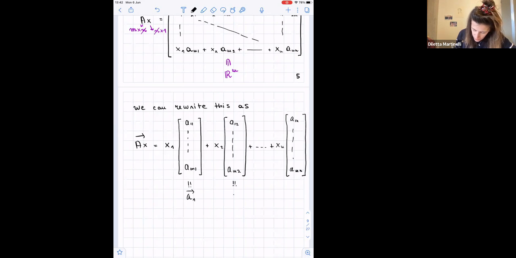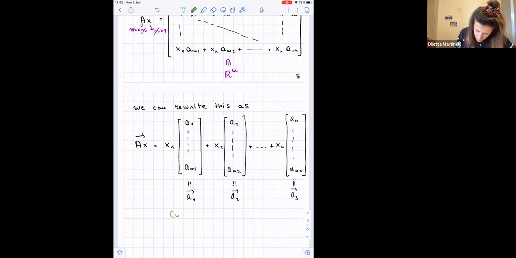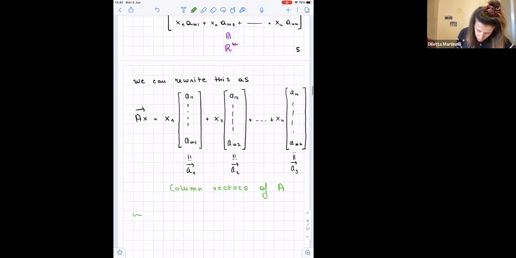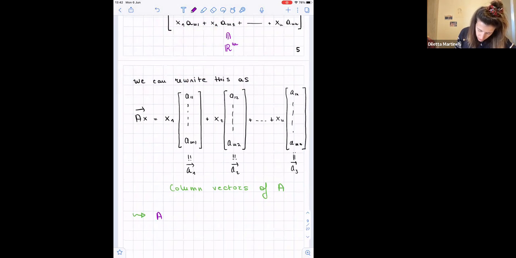We write them in this way, A1, A2, A3. These are the column vectors of A. So we could write the vector Ax, the vector obtained applying the matrix A to the vector x, as x1 A1 plus x2 A2, and so on.